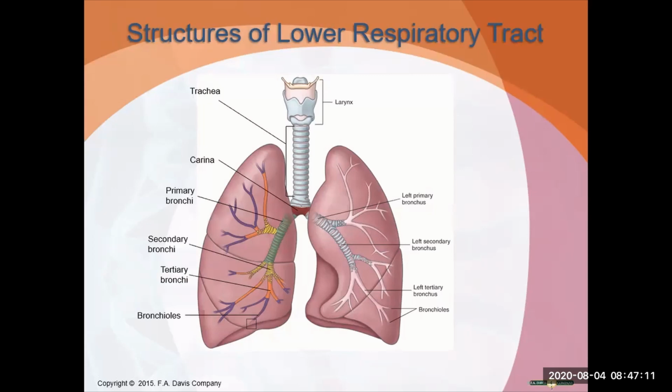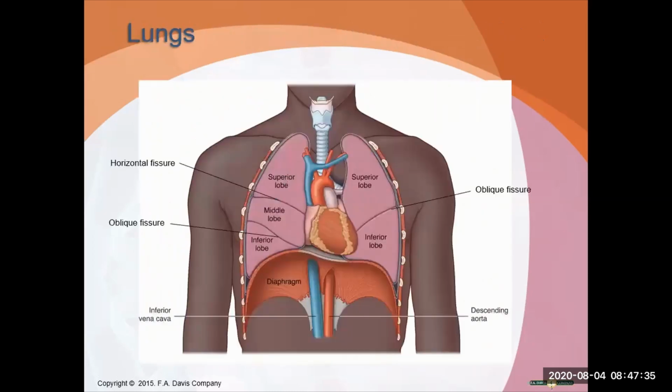And it's B, the right bronchus, because there's more space on the right because it's not crowded by the heart. So the right bronchus is slightly wider and more vertical than the left, making it the most likely location for aspirated or inhaled food particles and small objects to lodge. Number 5, what is the purpose of surfactant?